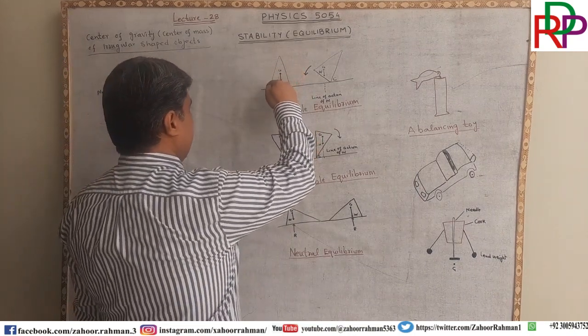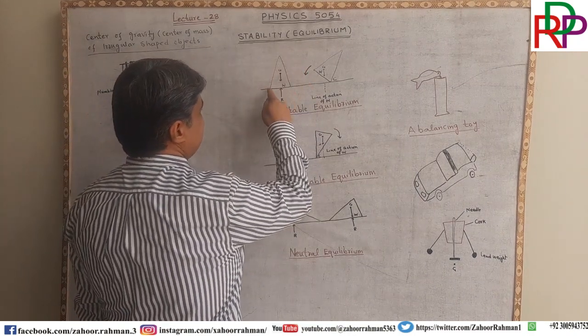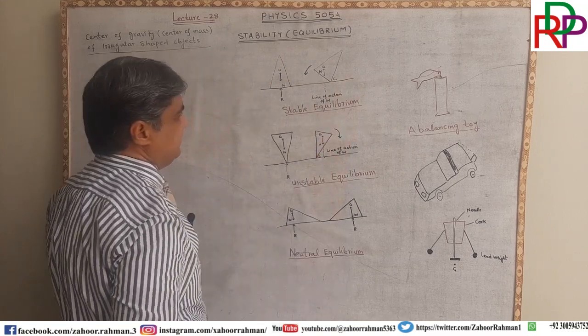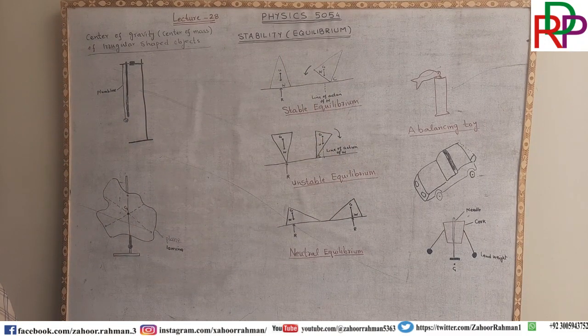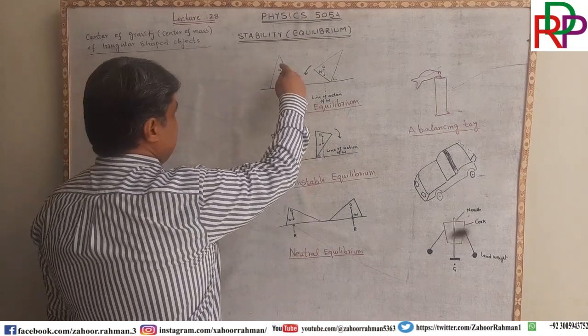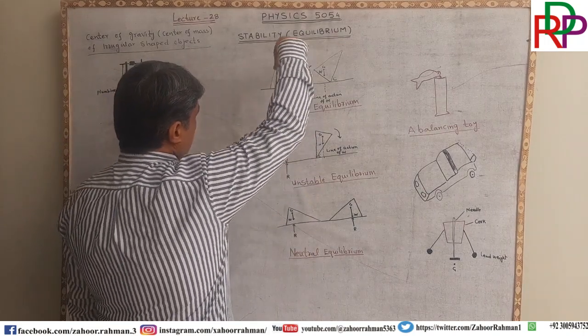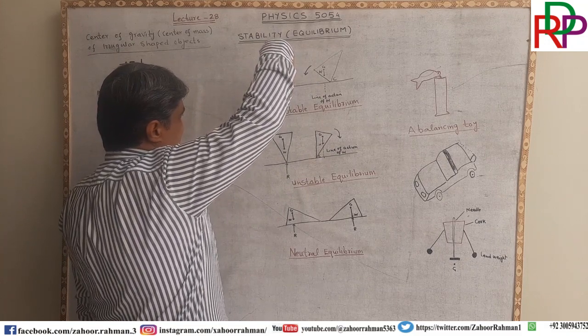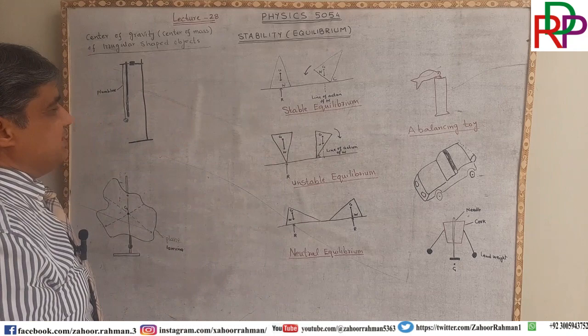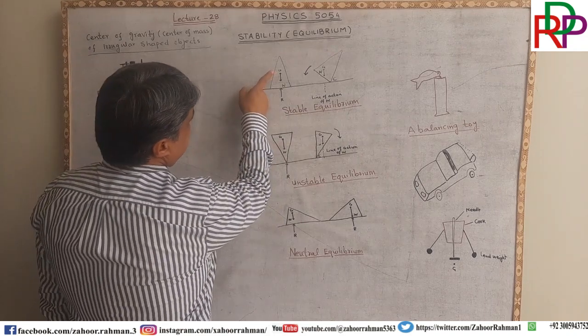This is a paper cone, and this is a table providing the support to hold the paper cone. In this particular case, the paper cone is on the table. There are two forces acting.